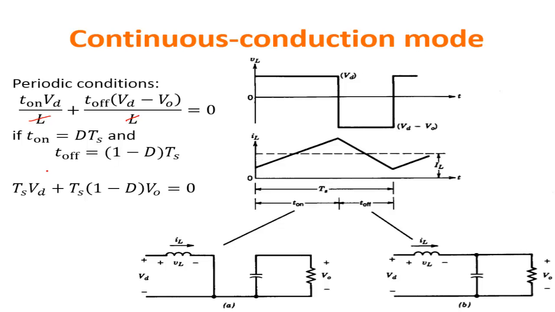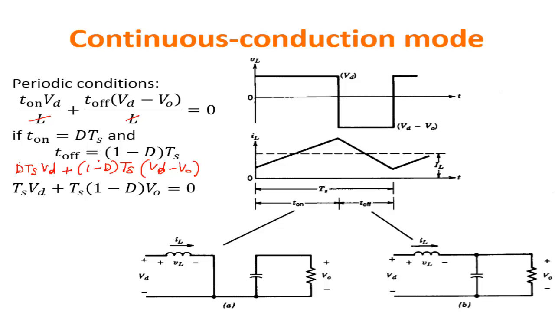Maybe it's useful to make another intermediate passage. Here you have, instead of T on, D Ts VD plus 1 minus D Ts VD minus VO.